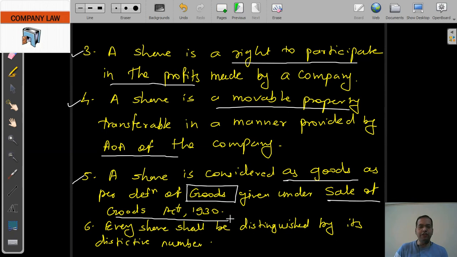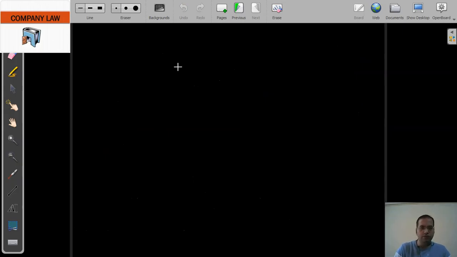Every share shall be distinguished by its distinctive number. So every share should be identified properly, and that is the reason the distinctive number should be given. I would like to give you an example of how shares are defined by various distinctive numbers.